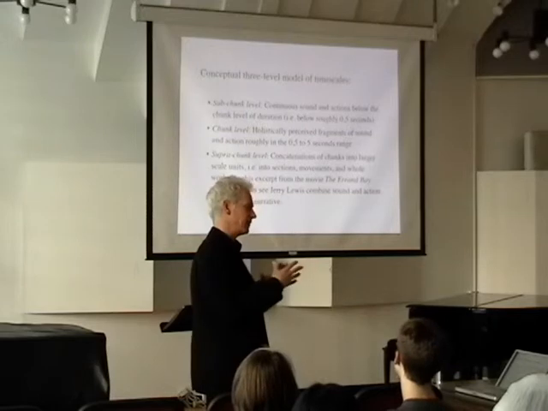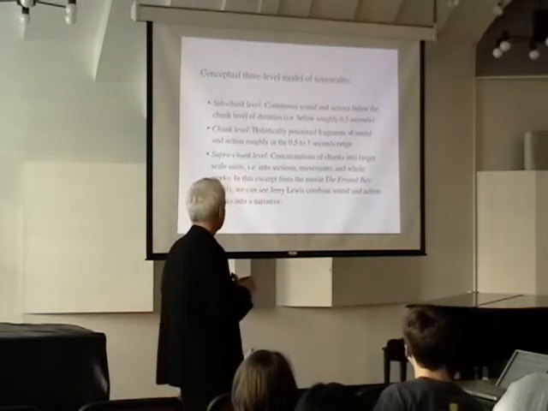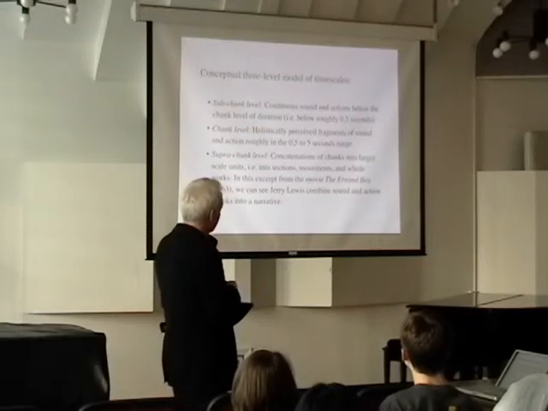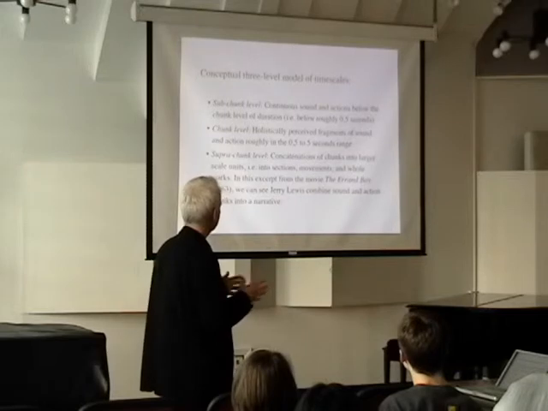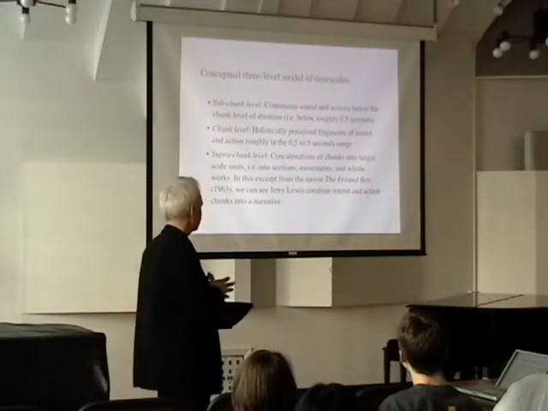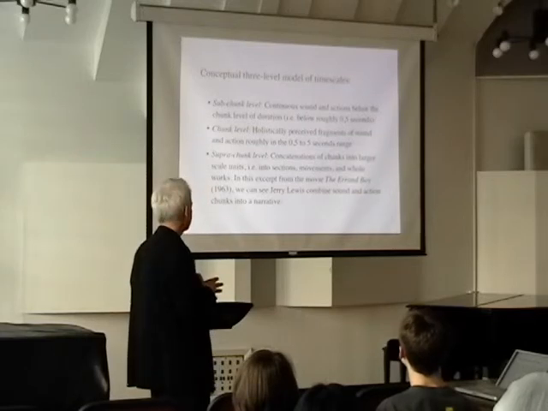The time dimensions are way outside this chunk size that we are looking for in action and sound. So our model is that we have 3 different sizes here. The sub-chunk level below 0.5 seconds. And these time limitations are very approximate. They are also dependent upon context.